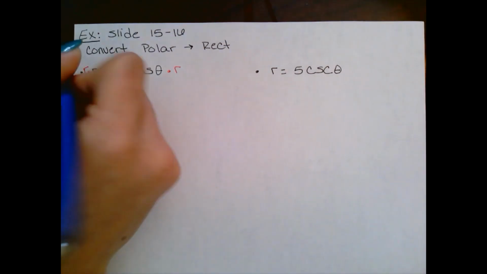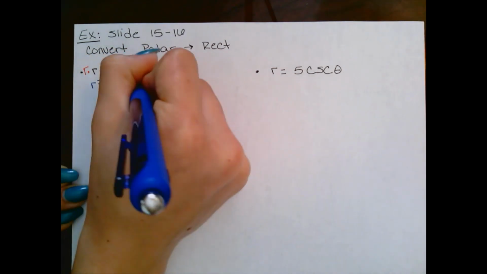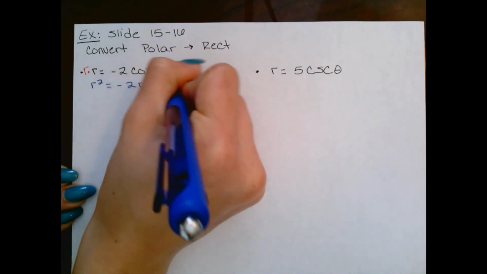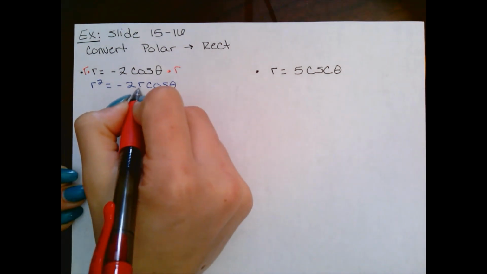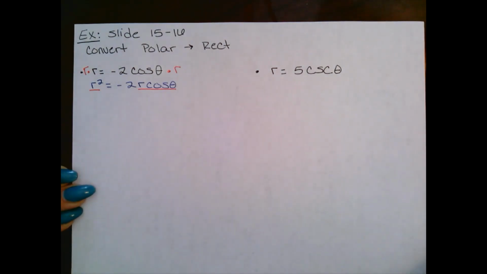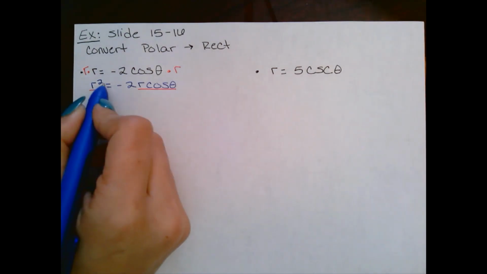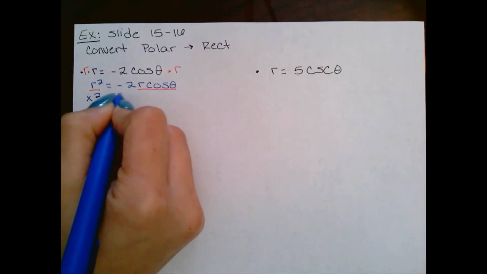Okay, so now here I'd have r squared equals negative 2r cosine of theta. And now I have something that I can use from my formula sheet. So feel free to manipulate your problems as long as you do so to each side. So I know that r squared is x squared plus y squared.